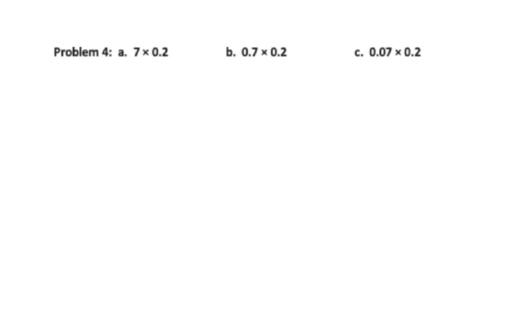Lastly, in my problem set, I'm going to take a look at 7 times 2/10, 7/10 times 2/10, and 7/100ths times 2/10. So the numbers all look the same, but you have to remember where the place value is. So our first problem looks like this: 7 times 2/10.